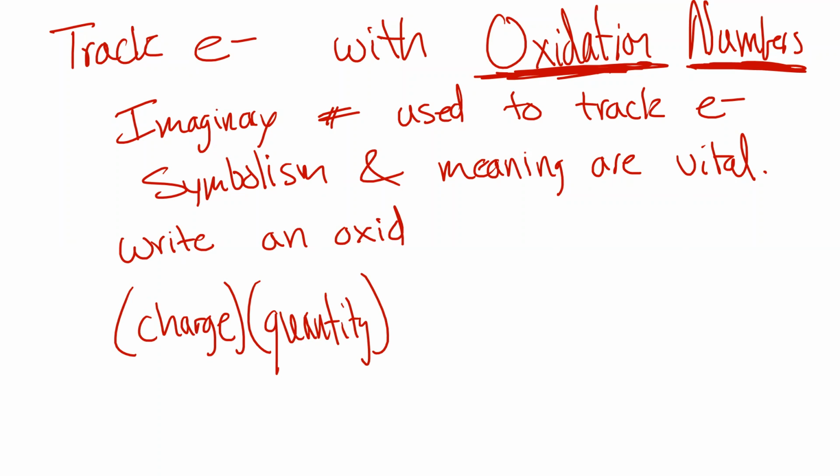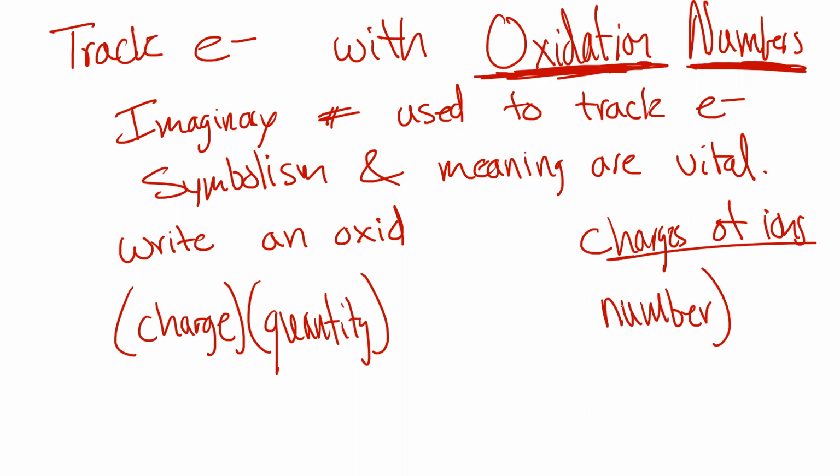It's going to be charge, then number. Remember that actual ionic charges are written the number value, then the charge. This is a difference. I do grade based on this. This is something important to me.